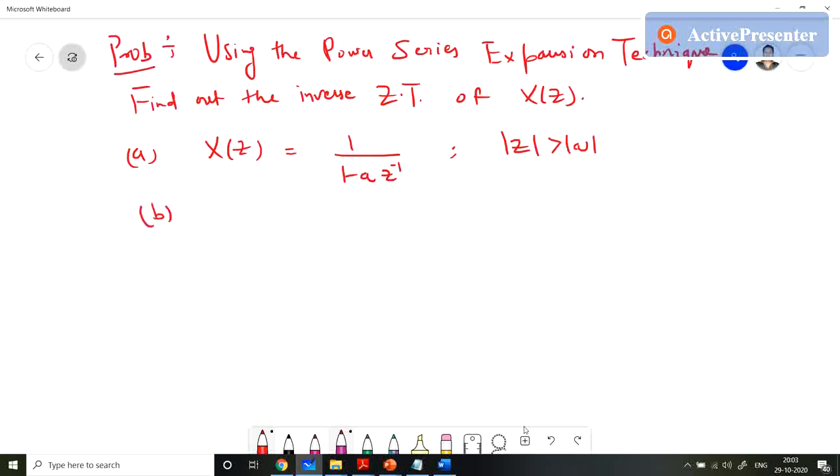The second one is X(z) equal to 1 divided by 1 minus a z inverse, and modulus z is less than modulus a. So we have this problem, and we have to find the solution by using the power series expansion technique. Now how to do this problem?